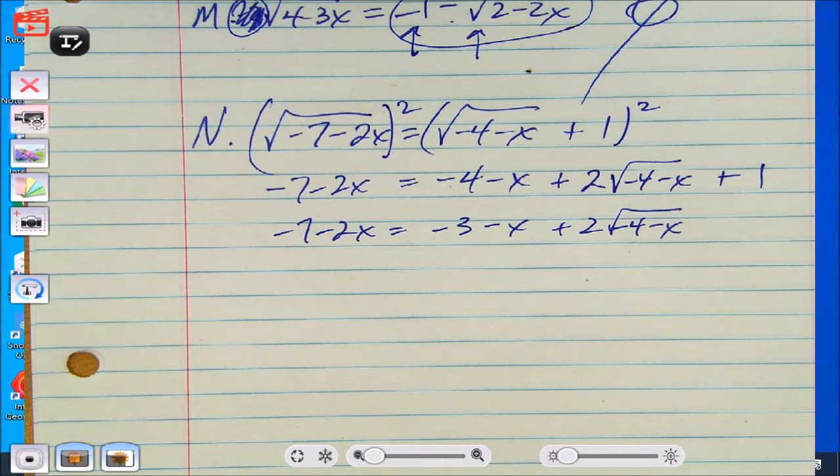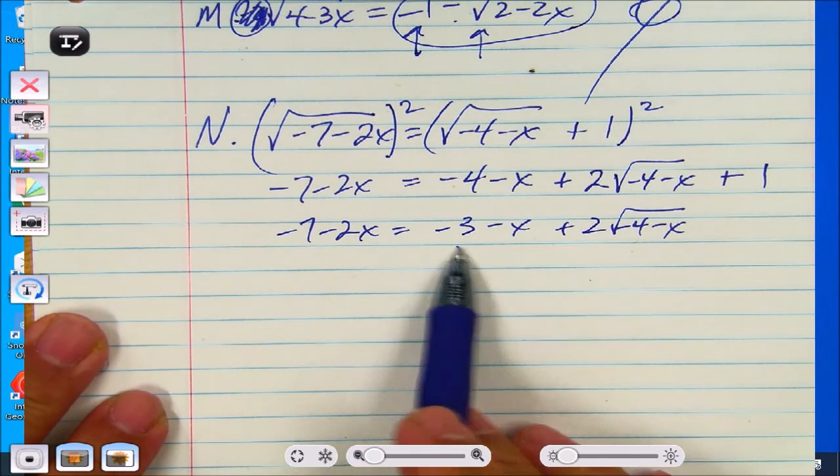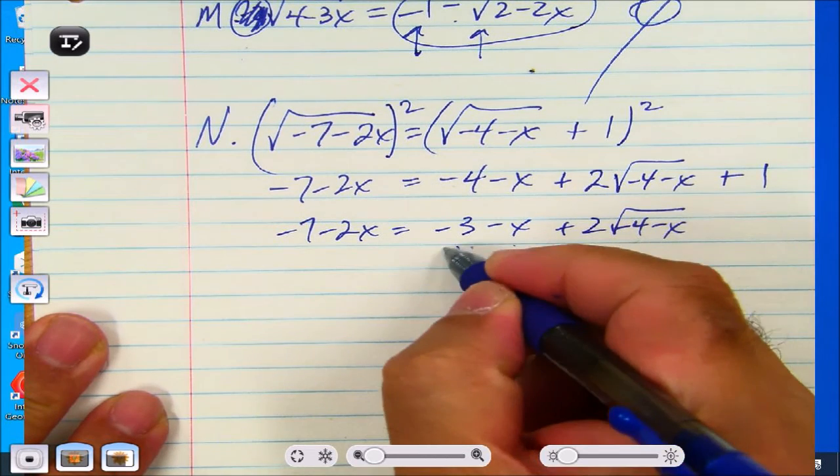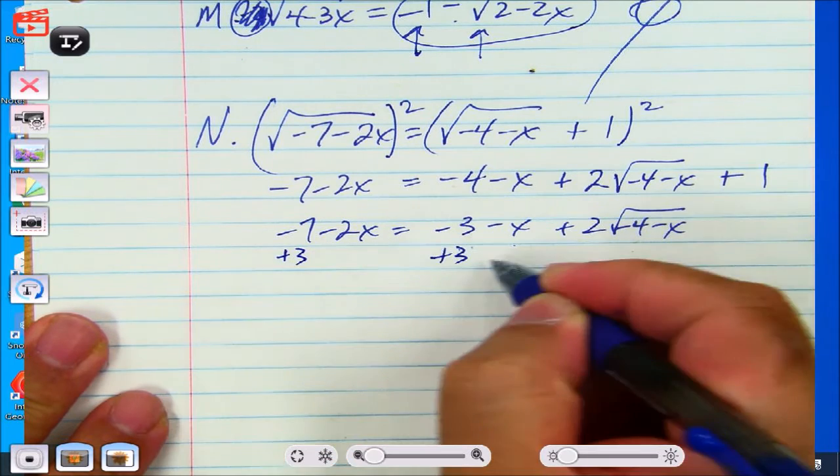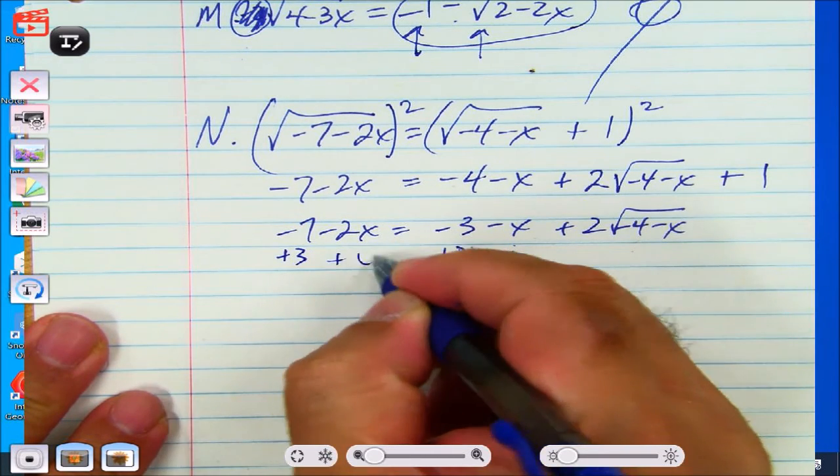Ready? Alright. So now I'm going to get rid of the negative 3 minus x over here. So I'm adding 3 to both sides and adding x to both sides.